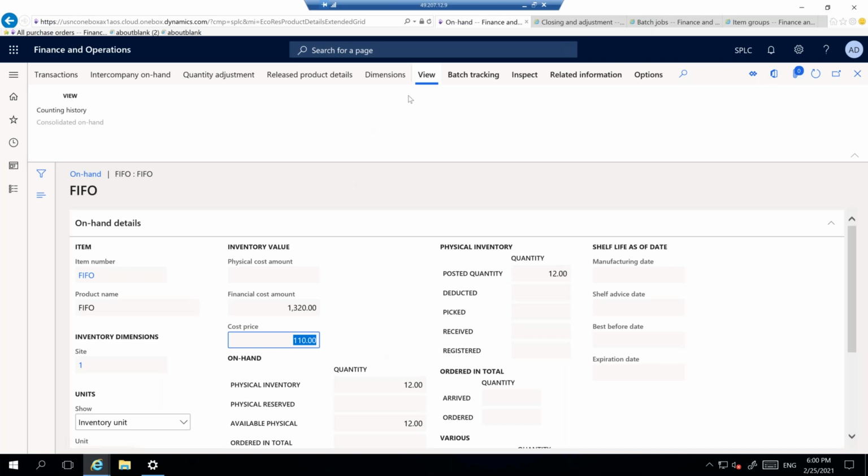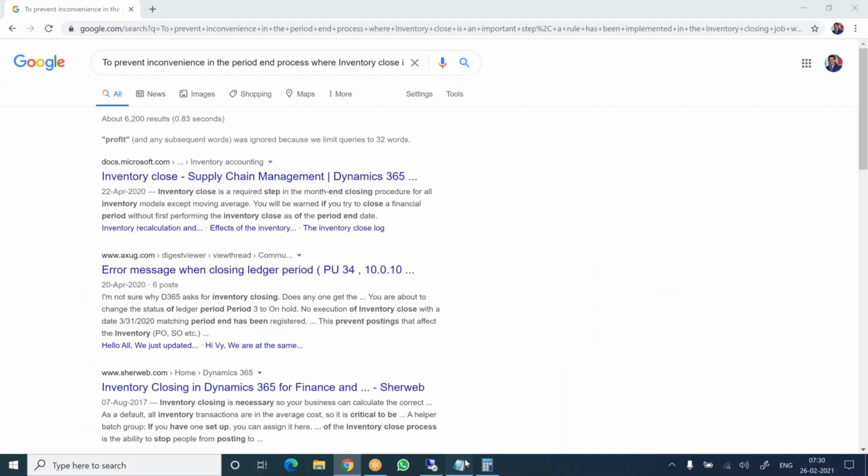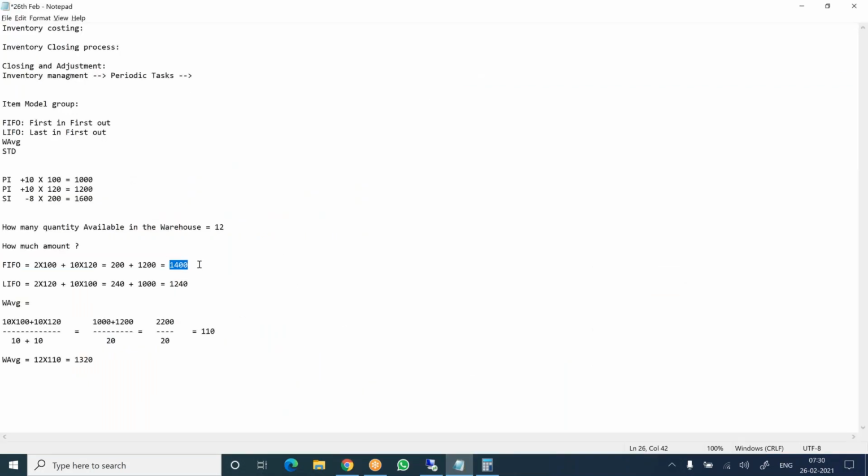So what it means, it will be updated definitely. This FIFO or LIFO is not immediately affecting. If you map FIFO or LIFO, you need to run the inventory closing. It is a must.